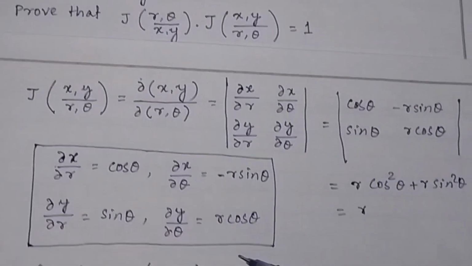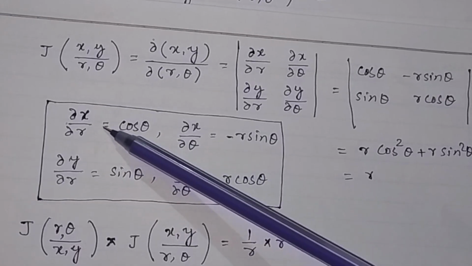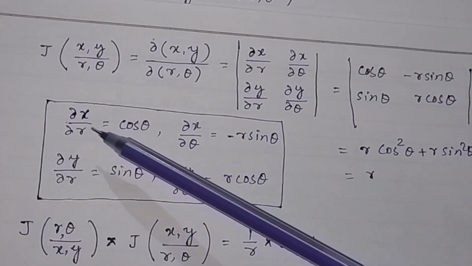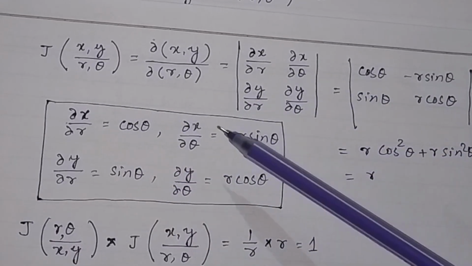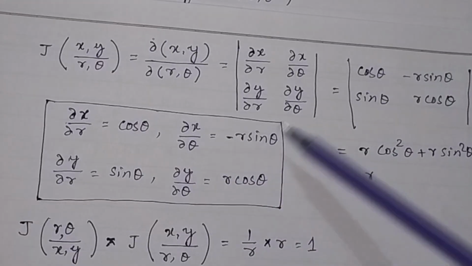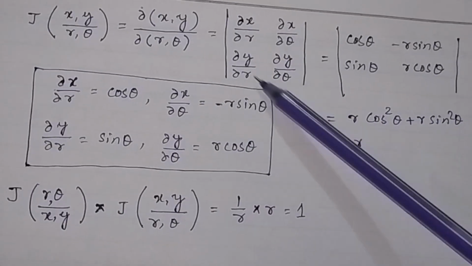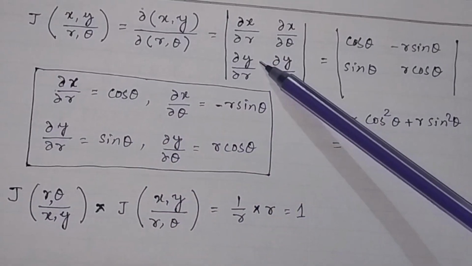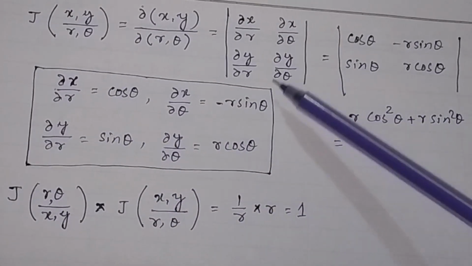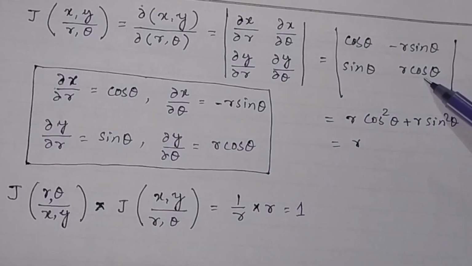So if you find out the determinant, here I have written the value of partial derivative of x with respect to r, which is cos theta. Here I have written partial derivative of x with respect to theta, minus r sin theta. And partial derivative of y with respect to r is sin theta, what I have told you, and partial derivative of y with respect to theta, that is equal to r cos theta, I have written here.